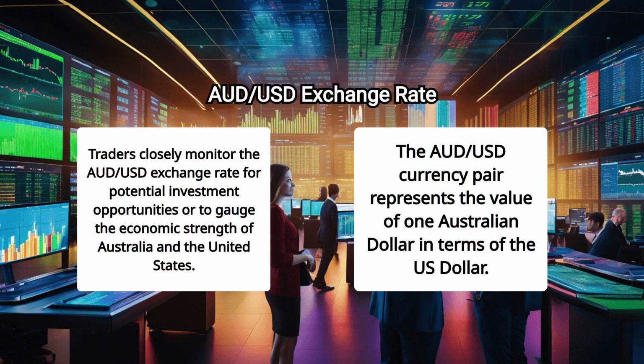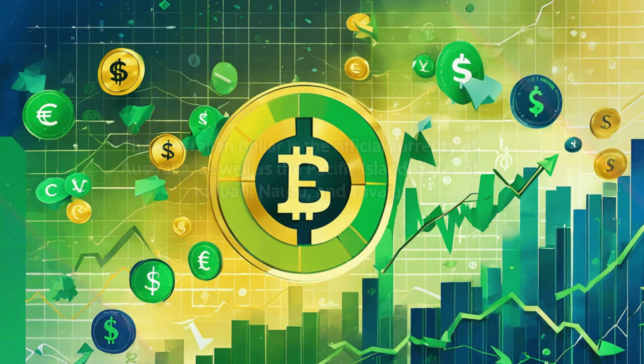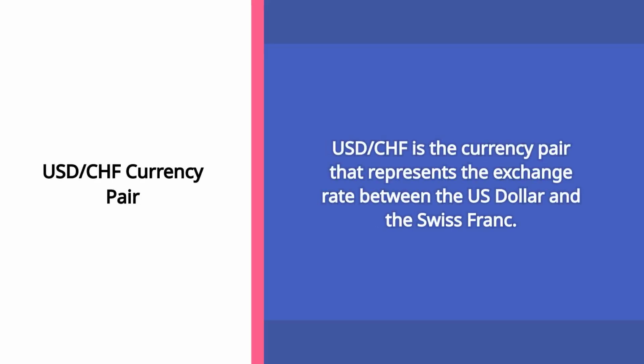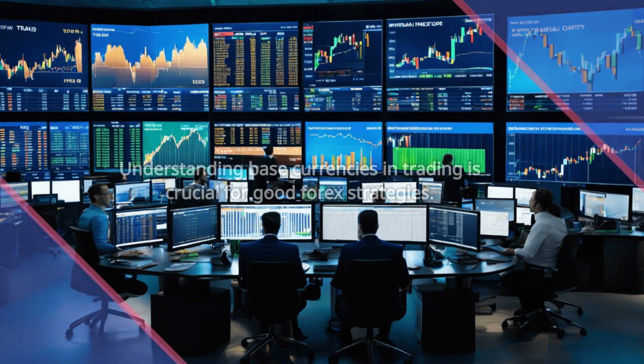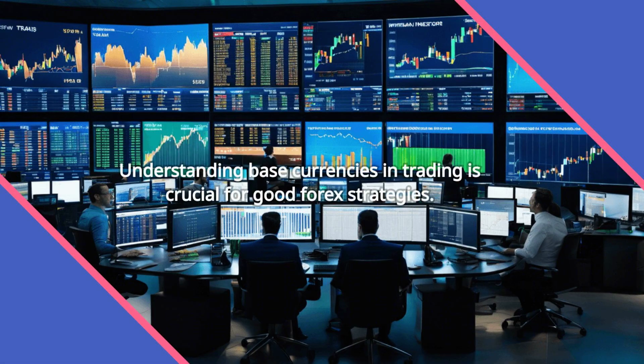AUD USD, Australian dollar, AUD. USD CHF, US dollar, USD. It's vital to understand the base currency for good trading. You should pick a base currency based on the market's liquidity and economic strength. Knowing about base currencies helps traders in the Forex market.